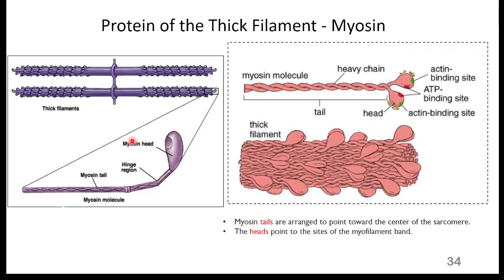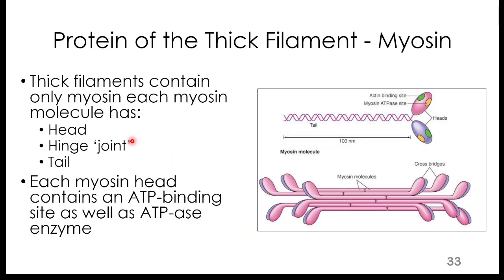Okay. So this is illustrated here. This is the myosin head, and this is the part of the myosin head that will bind to the actin. All right, then this is the ATP site, where ATP will be broken down.